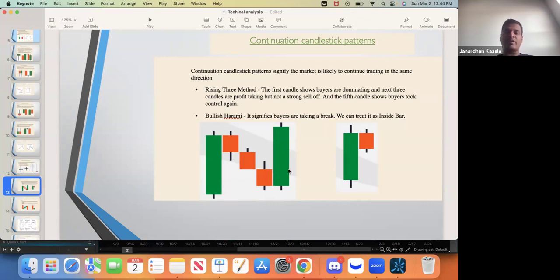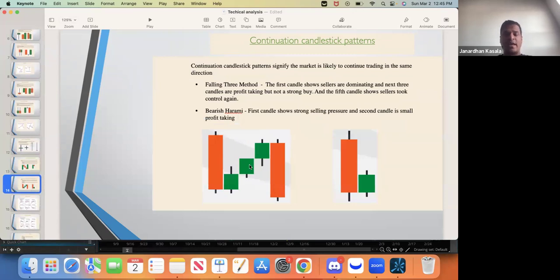Again, immediately bulls came in, so this tells a strong buyer's pressure. This is a bullish harami, a combination of two candles. This absorbed the buyer's pressure. So this is where the continuation candlestick patterns come in handy.